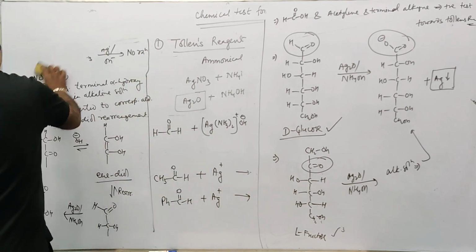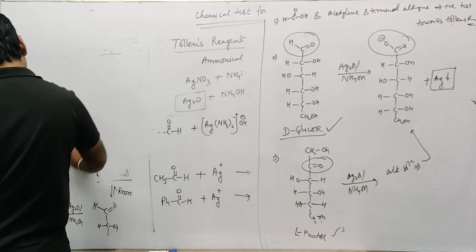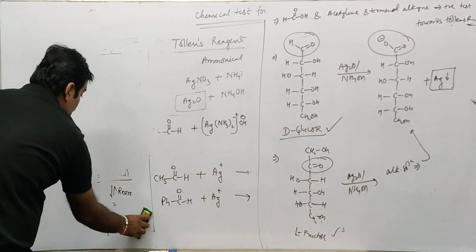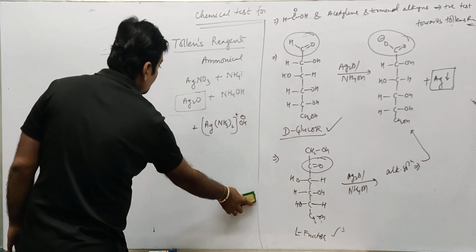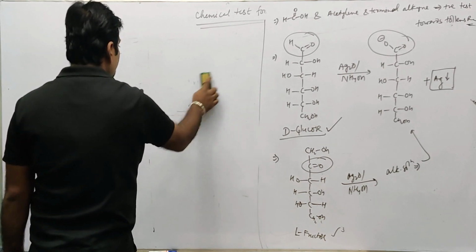Next, the notable point is that Tollens test is performed by all aldehydes, not ketones, no matter whether the aldehyde is aliphatic or aromatic. But ketone will not respond to this test positively.